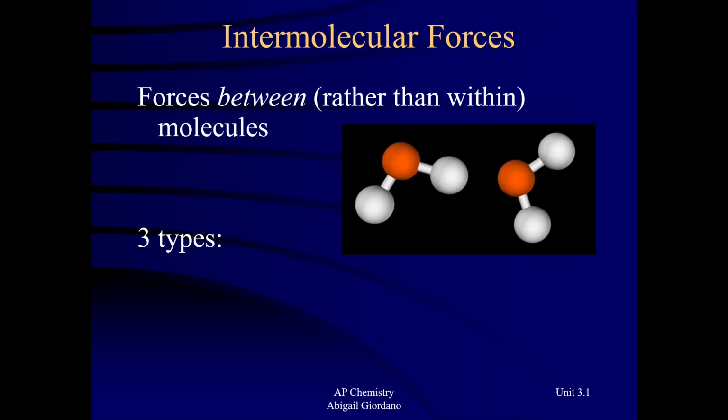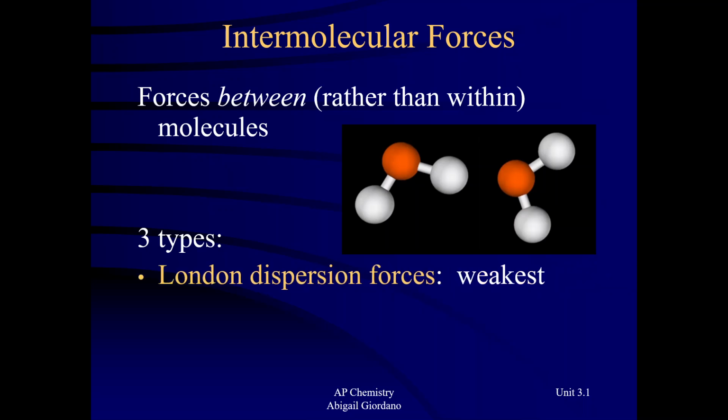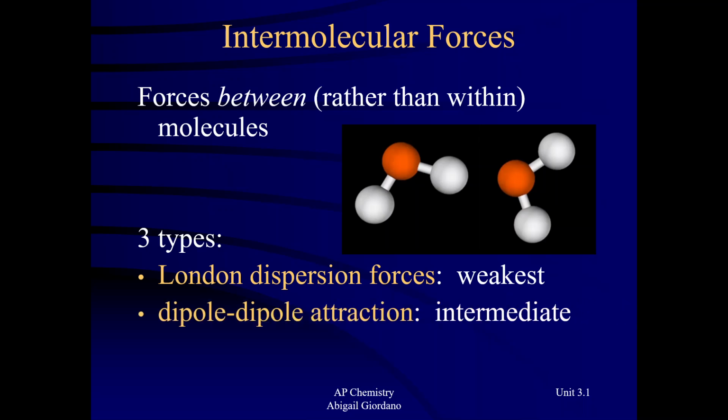And if you will remember back from Chem 1, there are three intermolecular forces. London dispersion forces are the first type. They are the weakest interaction, the weakest attraction between two molecules. Dipole-dipole attraction has sort of an intermediate strength.